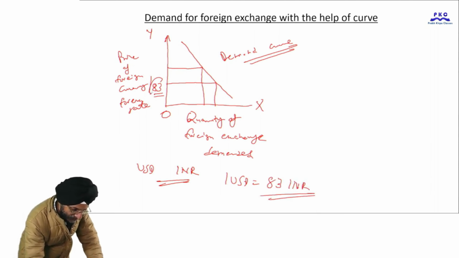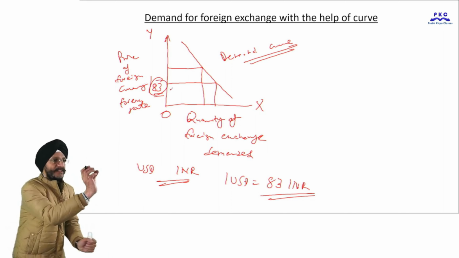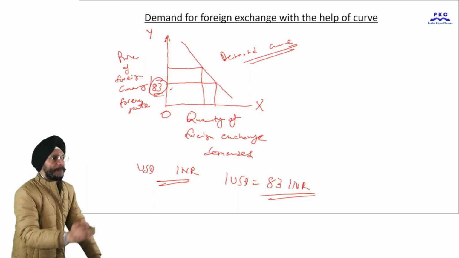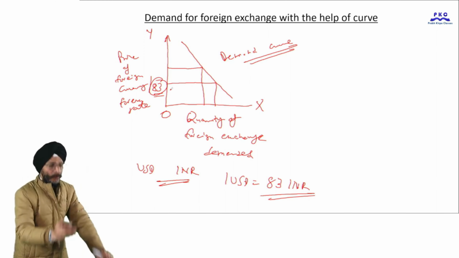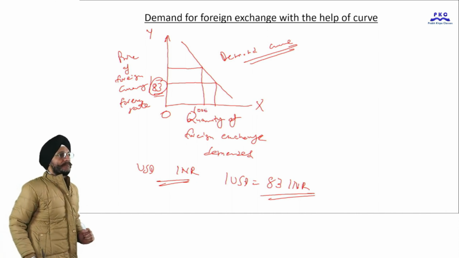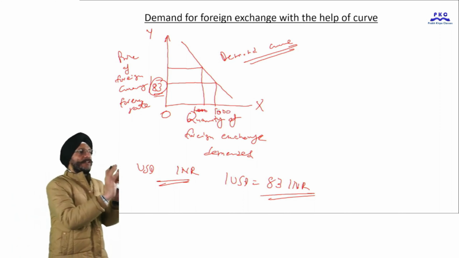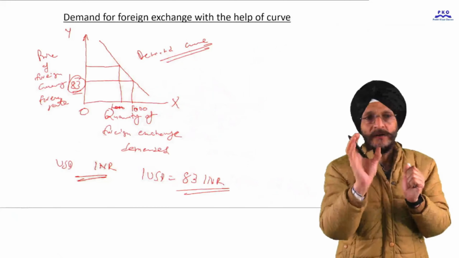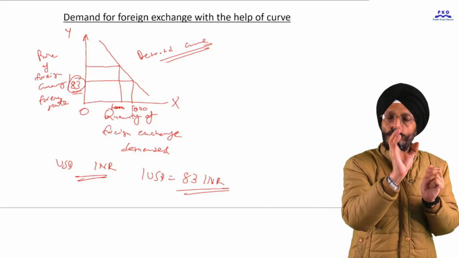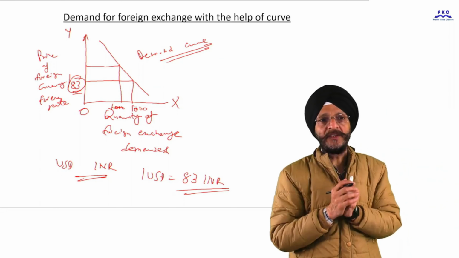So this is the exchange rate. Suppose at this price, which is 83 Indian rupees, the quantity demanded of foreign exchange is, say, 1000. Here we have to write 1000. 1000 units, or $1,000 of US dollars, are demanded when the exchange rate is 83.